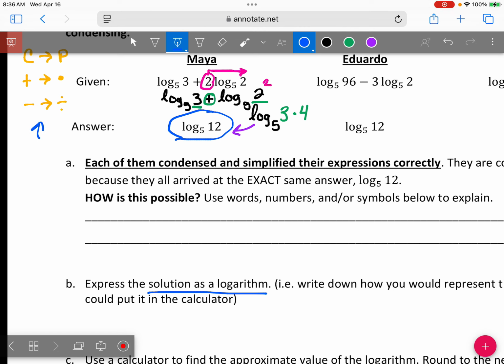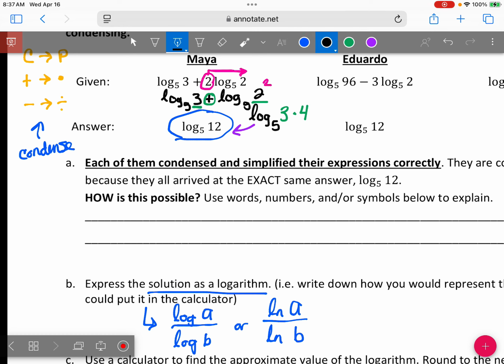So this was our condensing. This one is going to be our change of base, where we put either common log of our argument over common log of our base, or you can do it with the natural log. Technically you can do this with any base, but doing it with something other than log or ln is going to make your life harder rather than easier. So let's do something that's not awful.